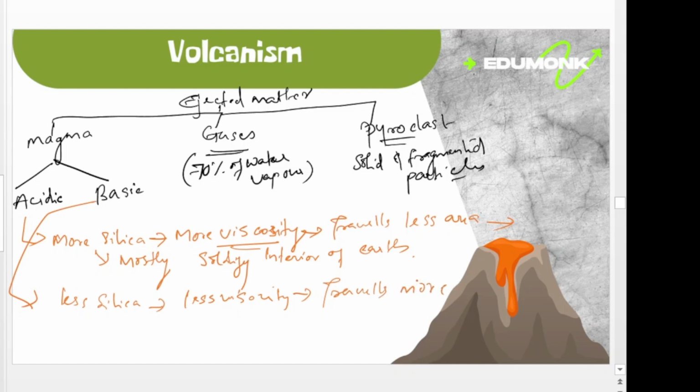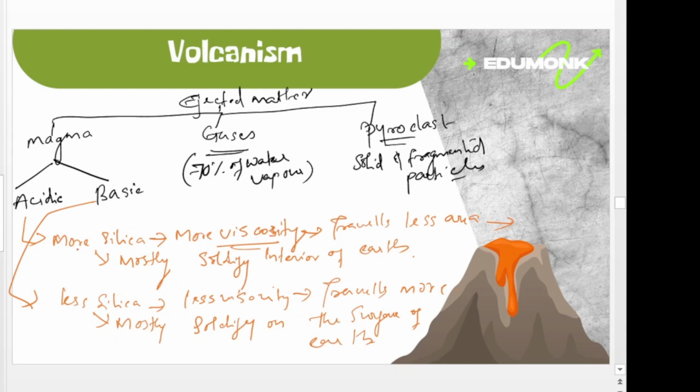So in most cases it solidifies on the surface of earth. Mostly solidify on the surface of earth.